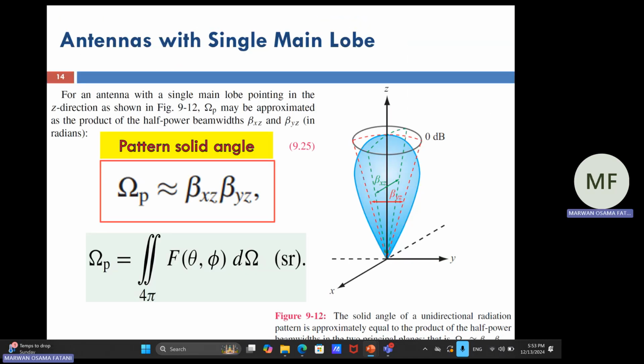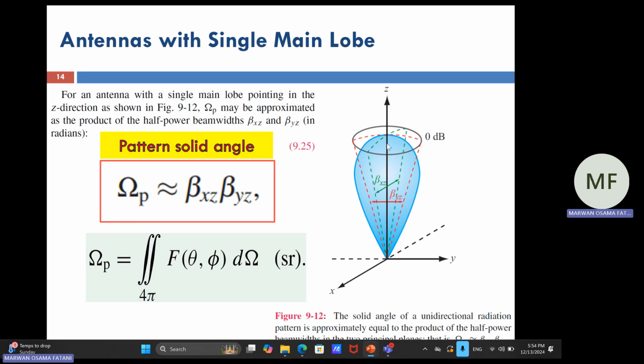Now, in this slide, for an antenna with a single main lobe pointing in the z direction, we're trying to approximate the pattern solid angle as the product of half power beam widths, because we have the x-axis and the y-axis.